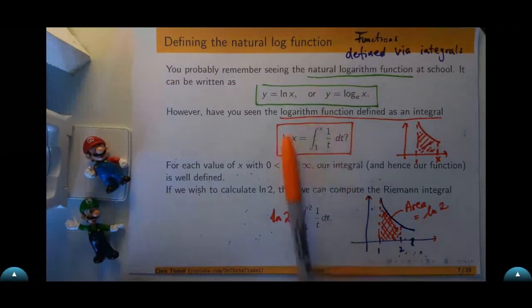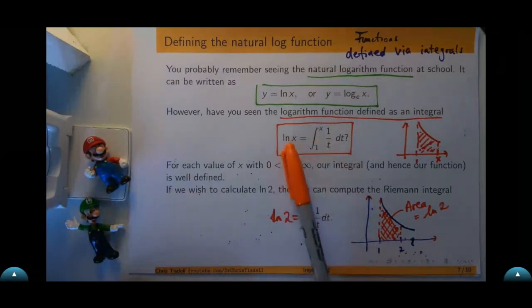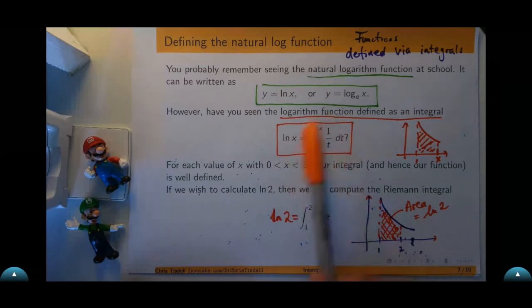This is cool because it gives us a different way of looking at the logarithm function that makes sense in terms of our work with integrals and Riemann integrals in particular.